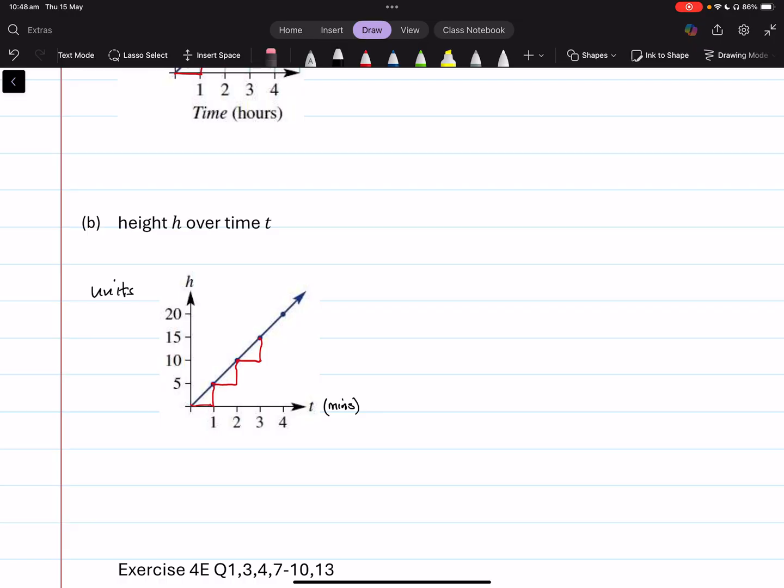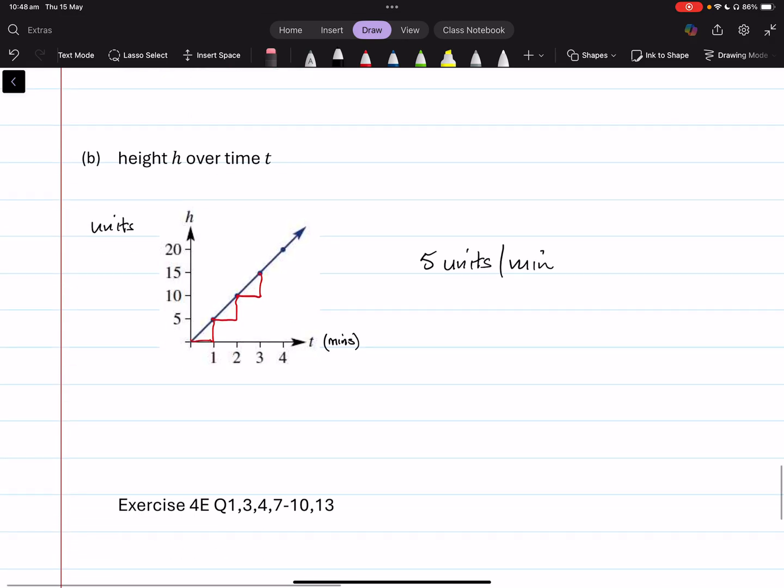I've given us minutes on the horizontal axis. So what we're saying is it's going up 5 units per minute. So there it is as a rate. That's the rate of change of the height over time, 5 units per minute.